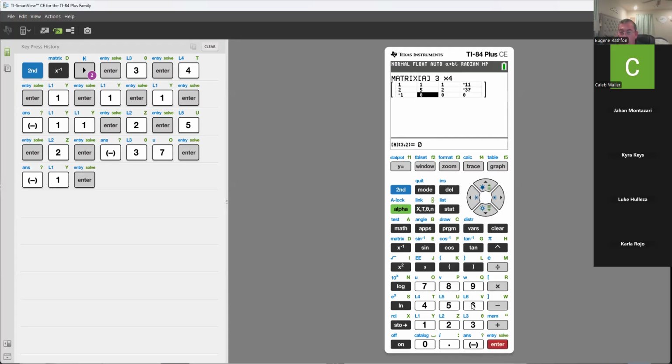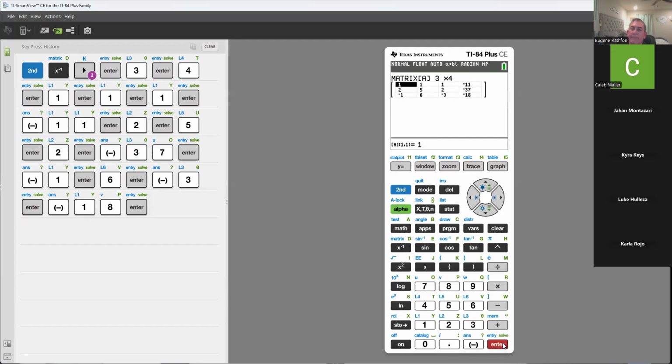I had 6y, so 6, enter. -3 for my z, and then that one equal to -18, and enter. All right, so all my numbers are in there. My cursor's back up on the top left because I got all these numbers in. So I'm going to do the same thing I did a while ago. I'm going to hit second mode and quit.